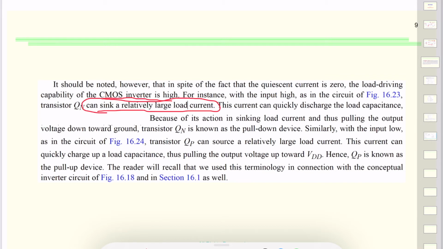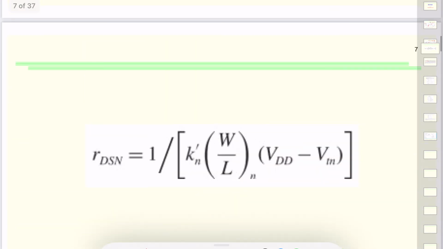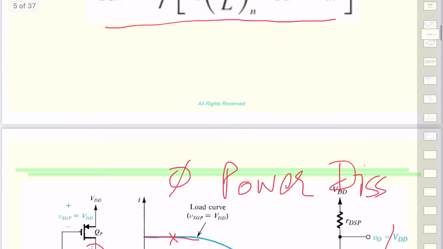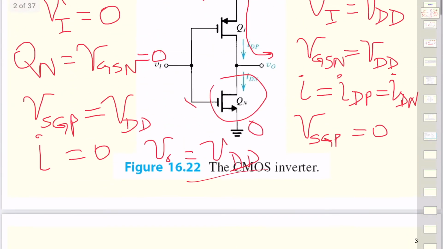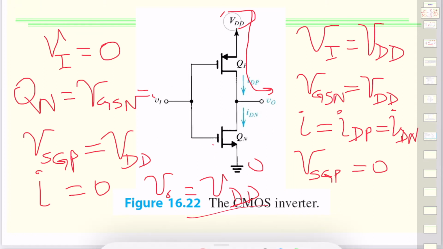And if there is any capacitor, for example, we can discharge it really fast in that case. So if I clean up the whole thing, we can see here the effect of this device is to bring the voltage down and draw the current in. That's why we call it sinking the load current and pulling the output voltage down towards ground. So that's why we call these pull down devices.